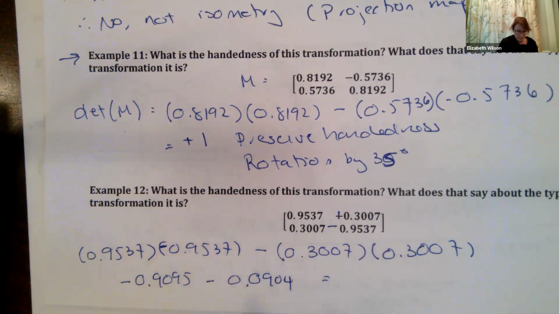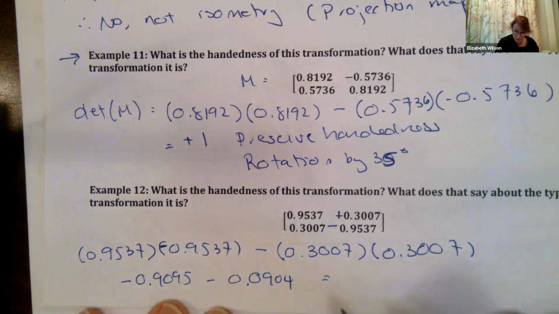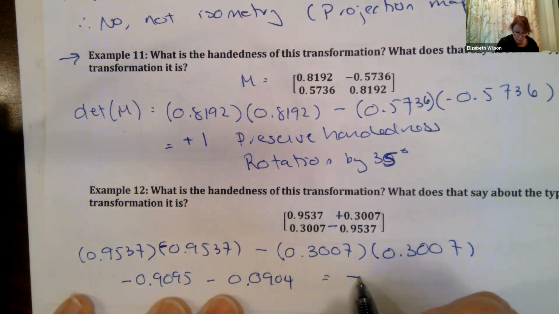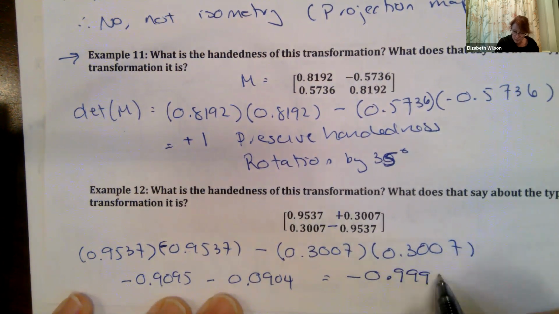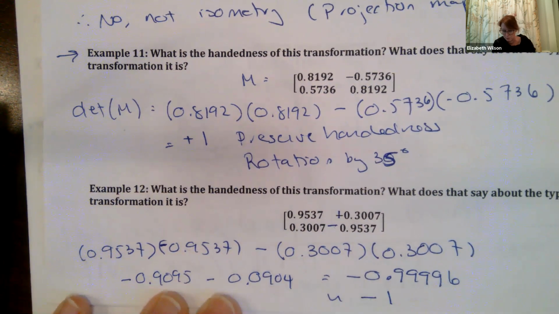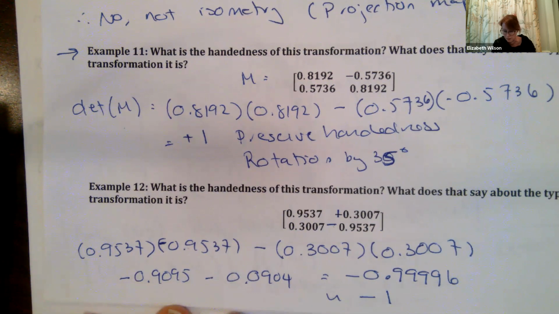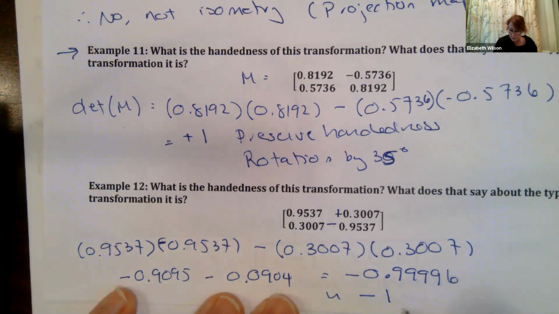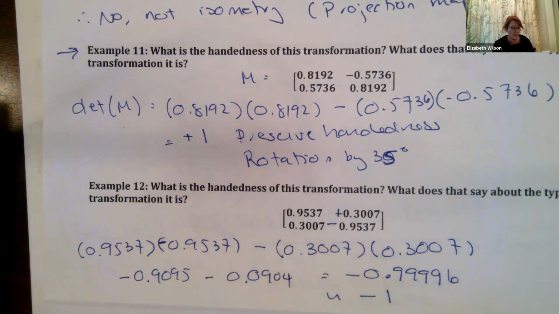When I add these together, I get minus 0.99996, which is basically equal to minus 1. There's some rounding because I had to round things up here. So this is negative, which means that it changes our handedness.